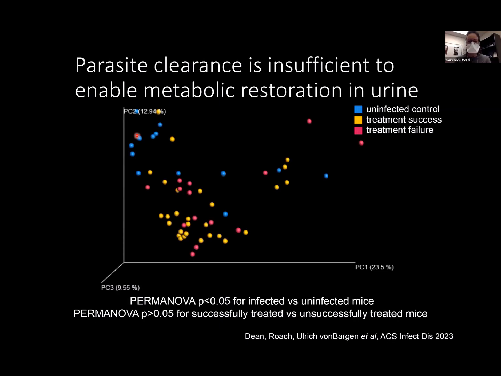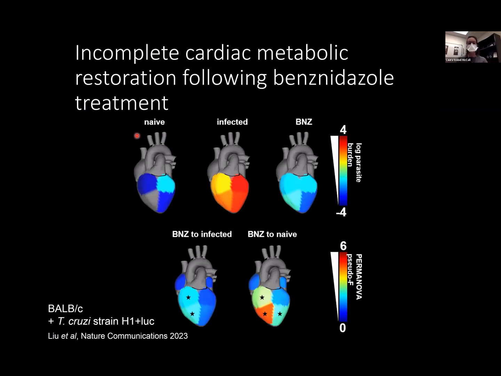And that's true, which is why we also looked in the heart. And so this is a collaboration with Dr. Jones at Baylor College of Medicine. And they had 3 groups in this data here. So we have naive, uninfected mice, infected mice with lots of parasites.